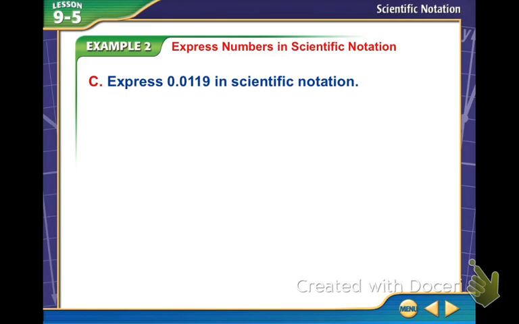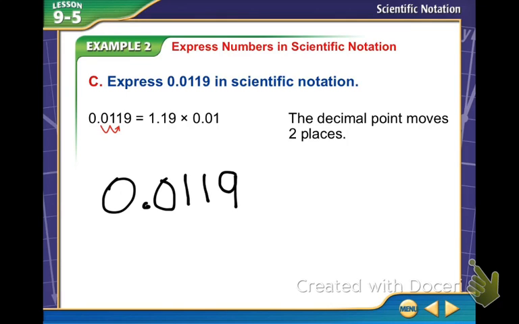So what if we have a very small number, like 0.0119, and we want to write that in scientific notation? We still want there to be one number as the lead. So this number is going to be the lead in front of the decimal, and now it is going to be 1.19 times 10 to the something.